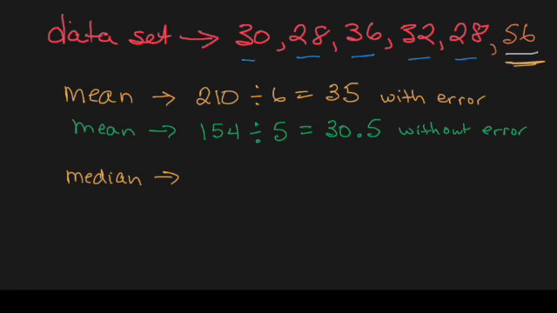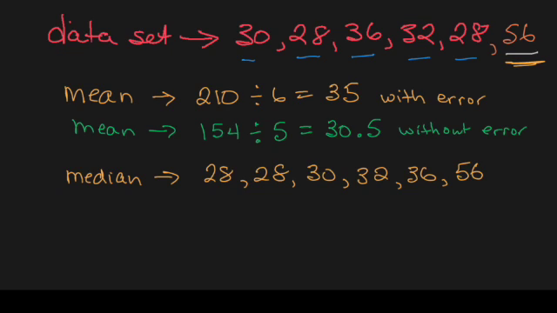So we're going to have 28 and 28 and 30 and 32 and 36, and we said this is with the falling time, so we're going to have 56 in there.